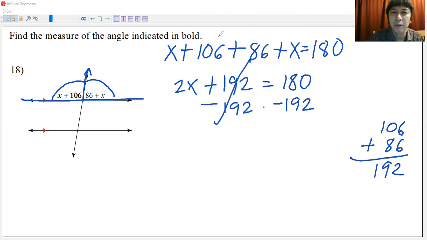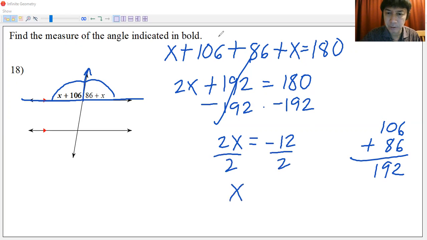This zeroes out, we only have 2x. And we have 180 minus 192. Our subtrahend is larger, so we'll have a negative, and that's negative 12. By way of division, we get the x. x is negative 6.